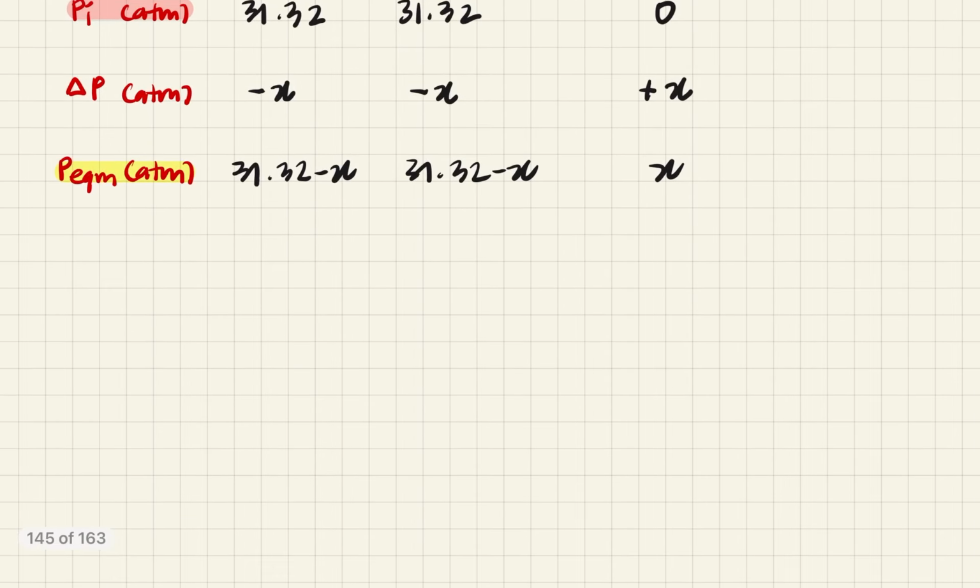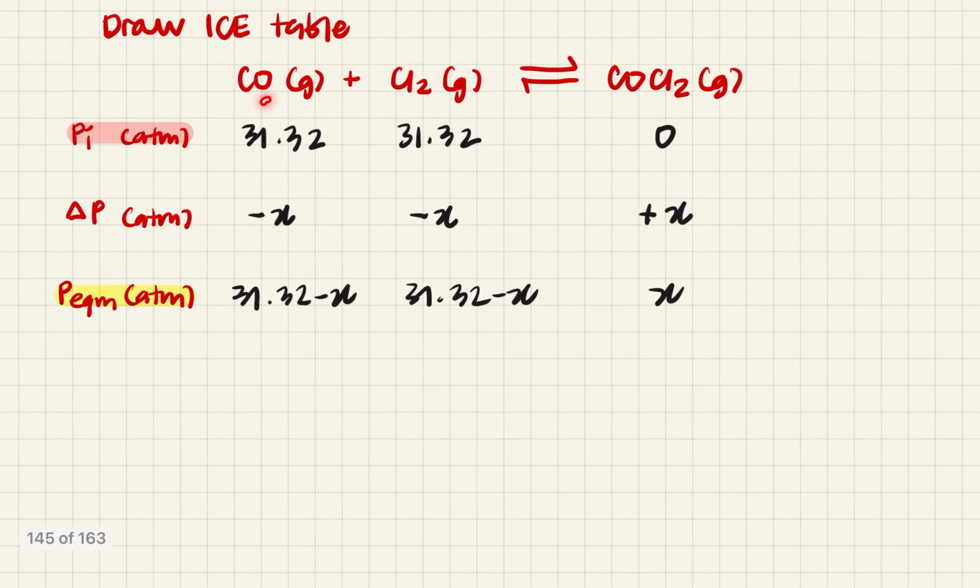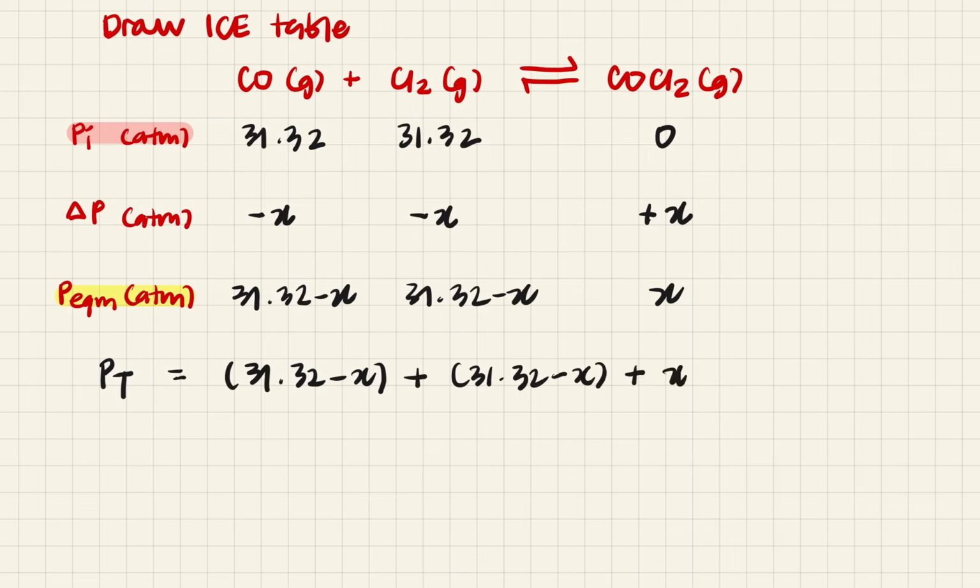Okay. So, from here, now that we have the partial pressure at equilibrium for each of these, we can actually find the total pressure. We can actually find what is X using total pressure. Okay, so total pressure will be 31.32 minus X plus 31.32 minus X plus X equals to 32.4 ATM.